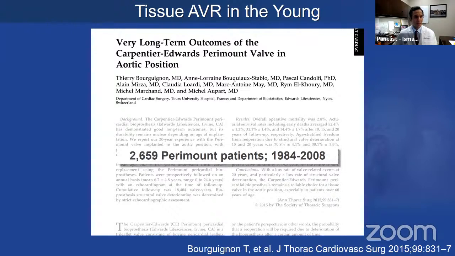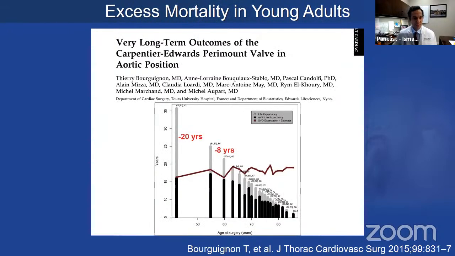This is another study coming from France of over 2,500 patients undergoing tissue aortic valve replacement. And again, what they did is they stratified the patients according to their age at the time of surgery, as you see here on the x-axis. And they looked at the observed survival in black versus the expected survival in the age and sex matched French population in gray.